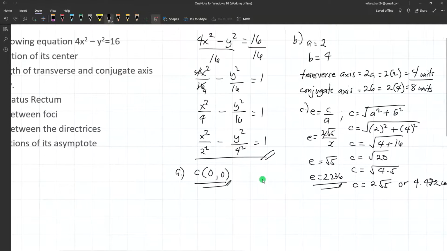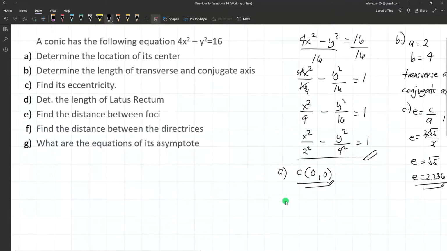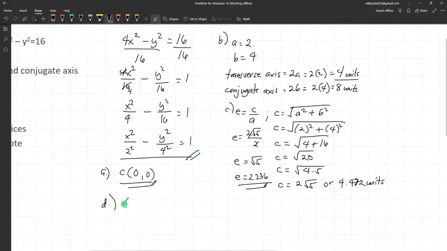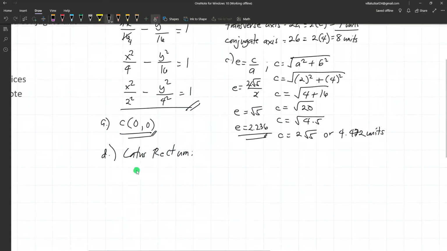For question letter D, determine the length of the latus rectum. For the latus rectum, the formula is 2b squared over a.